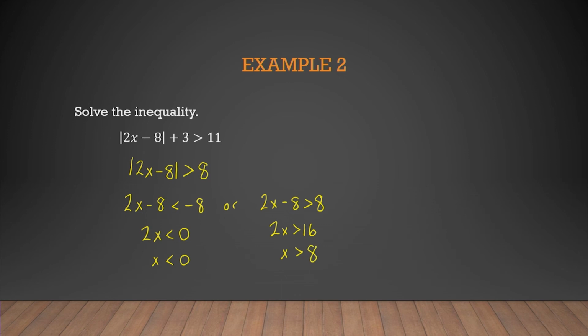Now, combining these into interval notation, x is less than 0 gives me the interval from negative infinity to 0. And x is greater than 8 gives me the interval from 8 to infinity. Because I have or between my two inequalities, I use the union symbol to join the two intervals.